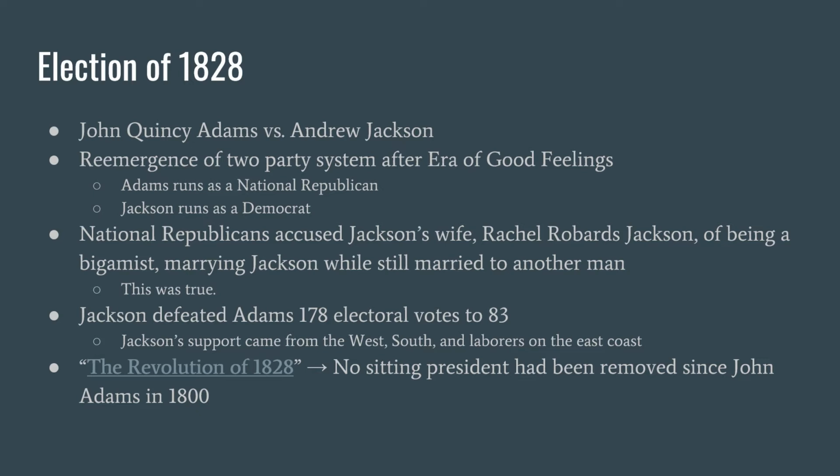We saw in the election of 1824 that all four candidates were considered Democratic Republicans, but under John Quincy Adams's presidency, that fully fractures, and the Democratic Republicans are no more. We see that John Quincy Adams runs as a National Republican, and Jackson runs as a Democrat. The same Democratic Party that we see today.